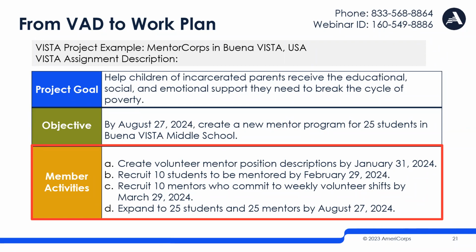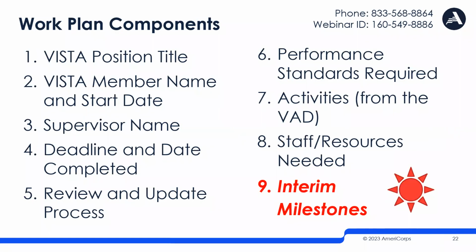So I think this example is fairly straightforward. I mean, the project goal, super clear. The objective, create a mentor program, very, very clear. And the activities do show some of the detail and some of the deadlines. To go further, to get into work plan land, then let's start at the beginning of what the components are for a work plan.